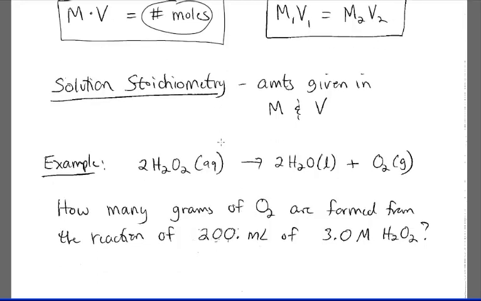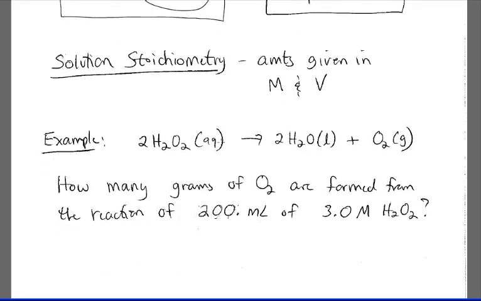All right, let's try this sample. We have a reaction equation, and we're asking how many grams of oxygen, the product, are formed from the reaction of 200 milliliters of 3.0 molar H2O2, hydrogen peroxide. So we have an amount of reactant given in volume and molarity.